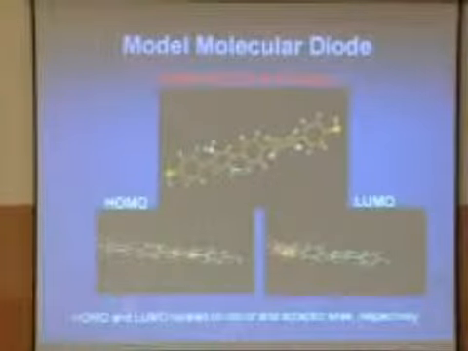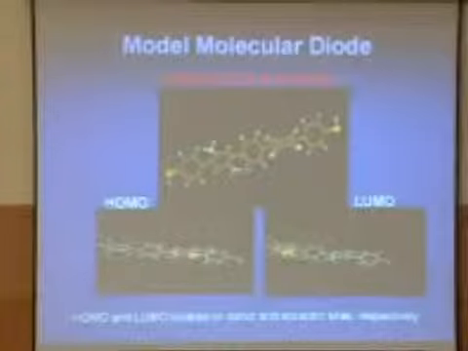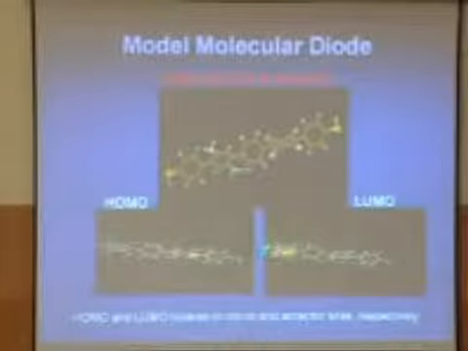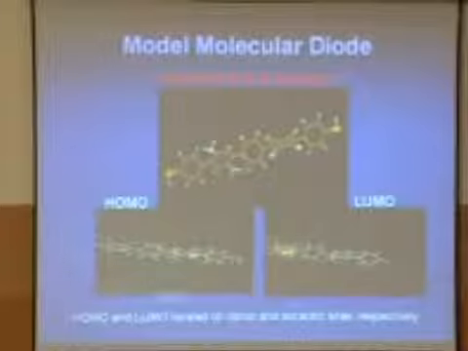What's coming out, indeed, is that it is located on top of the donor, which you expect. The donor is giving away one electron when you apply the bias. And my lowest unoccupied molecular orbital, which is similar to the bottom of the conduction band in a solid, is indeed located on the acceptor. So we come to the physical intuition, and the results are agreeing with what we expect from this system.